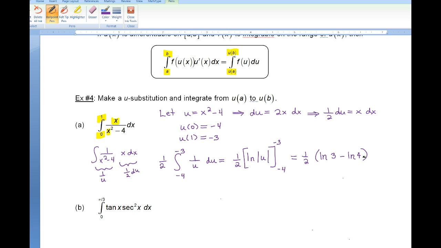And you can just leave it like this. Notice here, because I changed my bounds for u, I didn't have to go back and plug anything in for x. I was able to just plug right in. I didn't have to change u back into x.